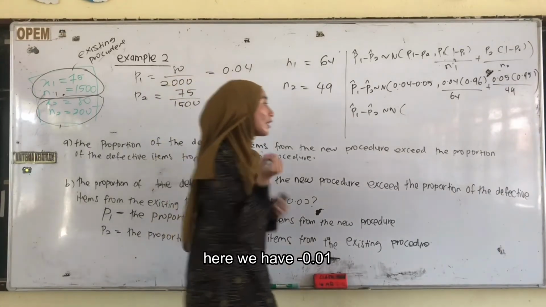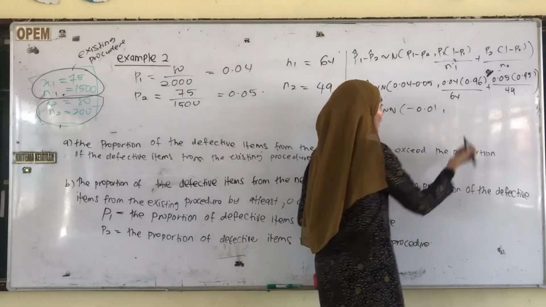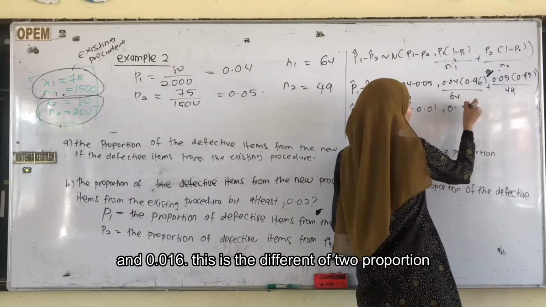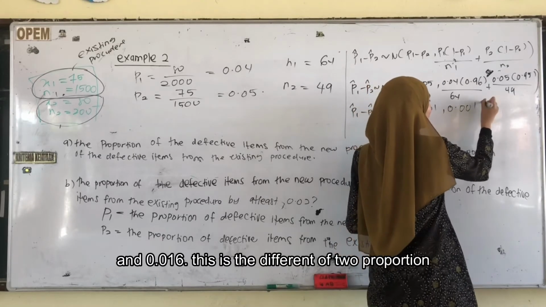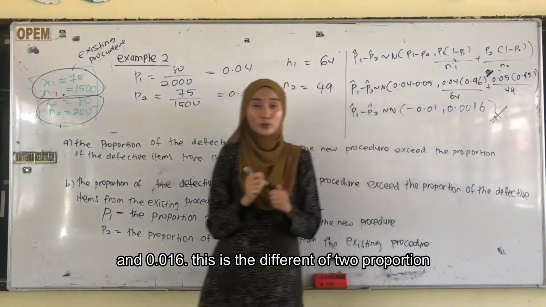So here we have negative 0.01 and 0.0016. This is the difference of two proportions.